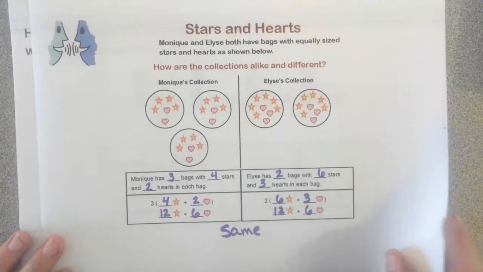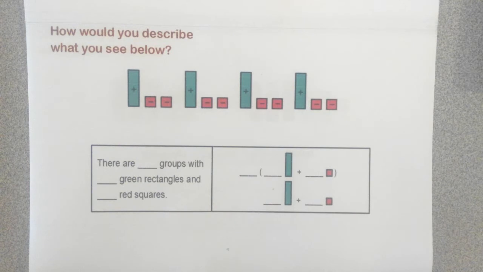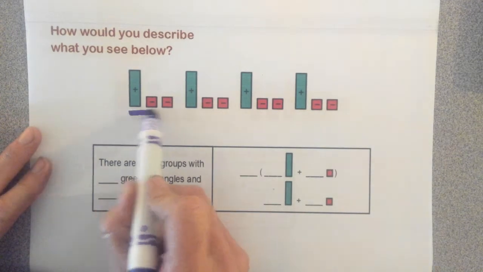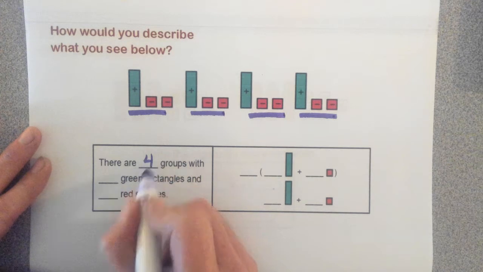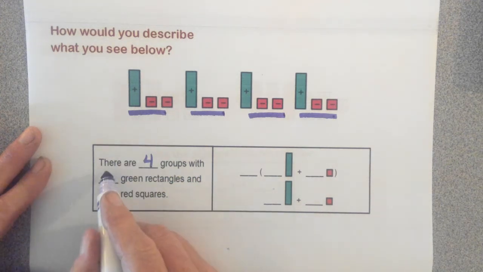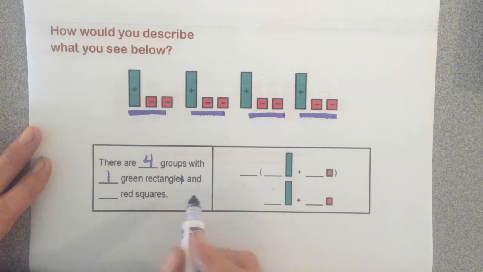Okay, let's take a look at this one here. How would I describe what I see below? I see Christmas colors. I wish. Now, I'm going to count the groups. There's 1, 2, 3, 4 groups. And in each group there's 1 green rectangle and 2 red squares.